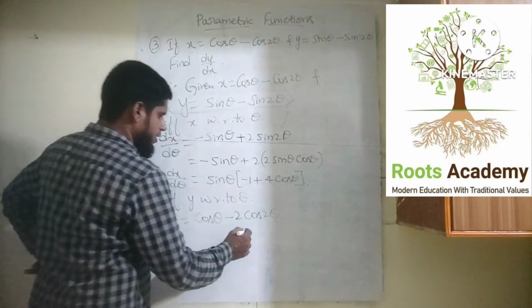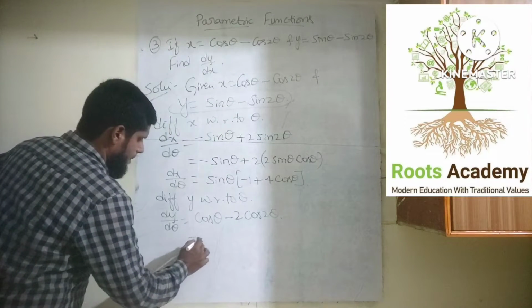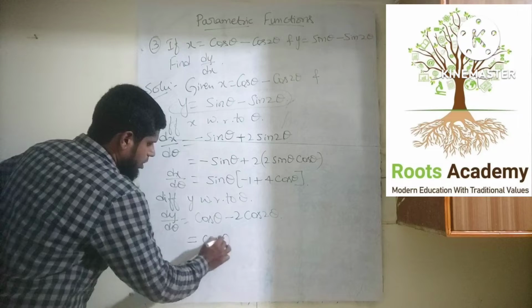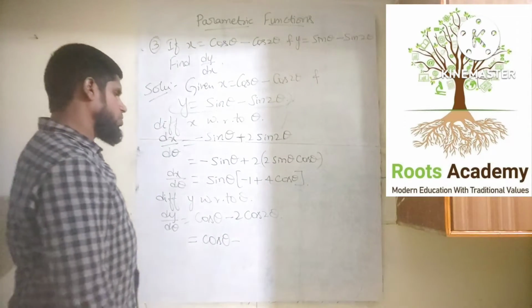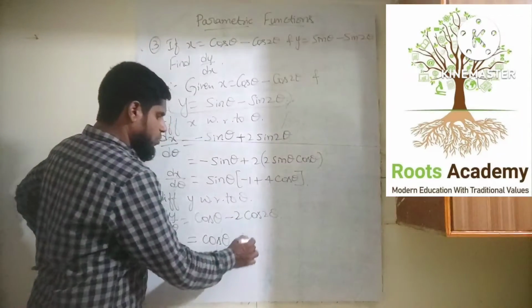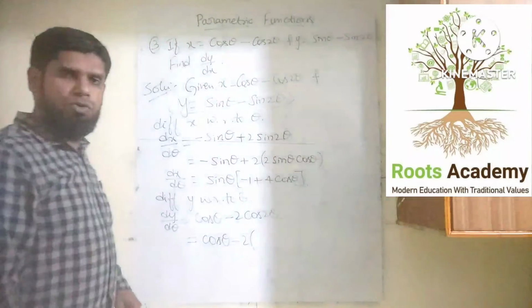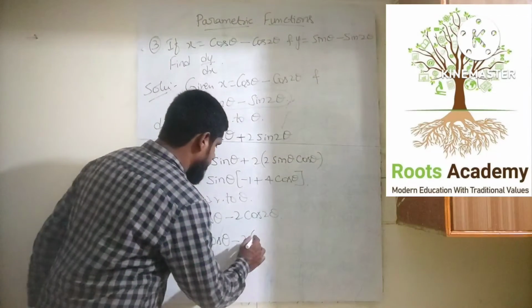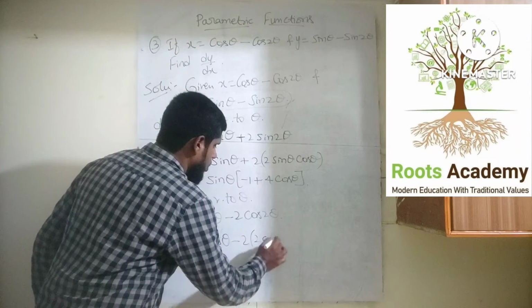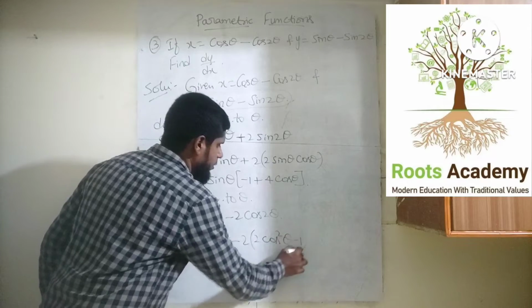This can be written as cos theta as it is minus cos 2 theta. Cos 2 theta has 4 formulas. Let me use the second one, that says 2 cos square theta minus 1.